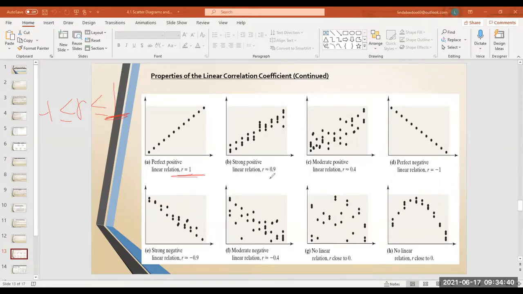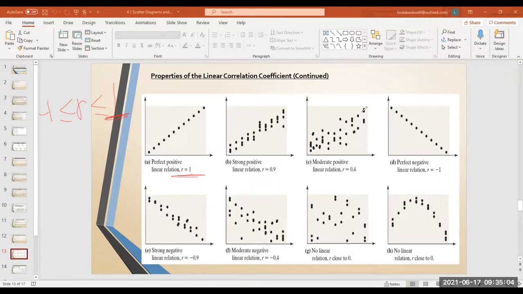This will have R approximately 0.9. On the number line, we know that 0.9 is getting a little close to 1, so we use the word strong. If it's exactly 1, we use the word perfect. If it's getting close to 1, we say strong positive linear relation. This is positive 0.9, so positive.